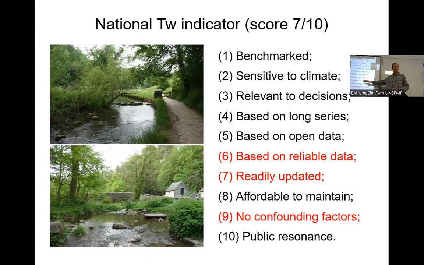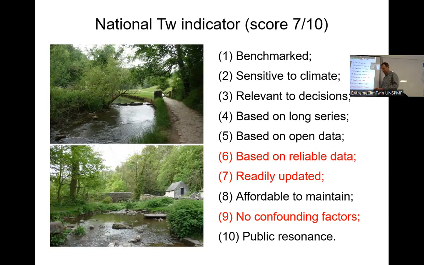Even the longest records are under threat. So probably fails on this front. And we have to always be mindful of these artificial influences on the indicator. And this is probably a factor that comes into play in most climate risk indicators. It's hard to find a pure indicator that is totally unaffected by humans in some way or another.